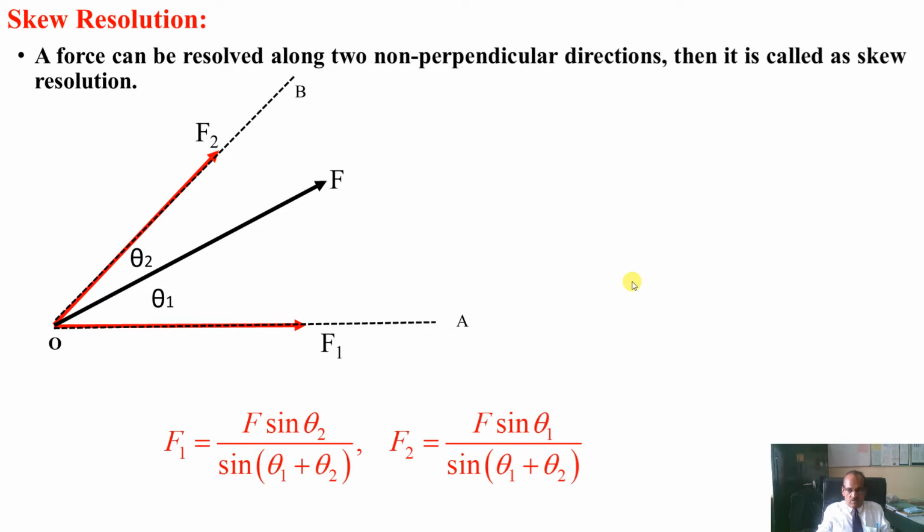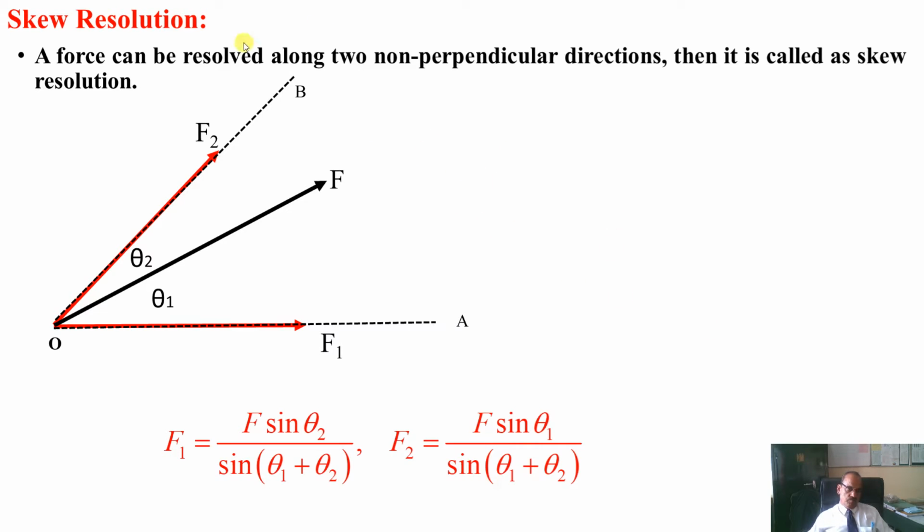And for such a resolution, we know the x component is F cos theta and the y component we have taken as F sin theta, where angle theta we have measured with respect to the x axis.